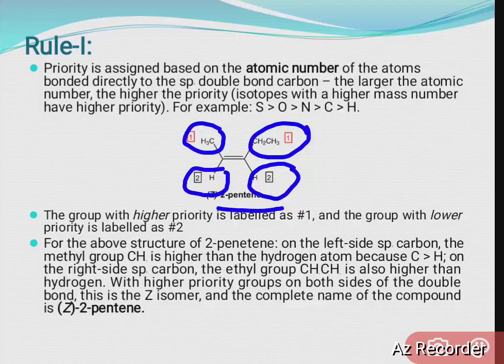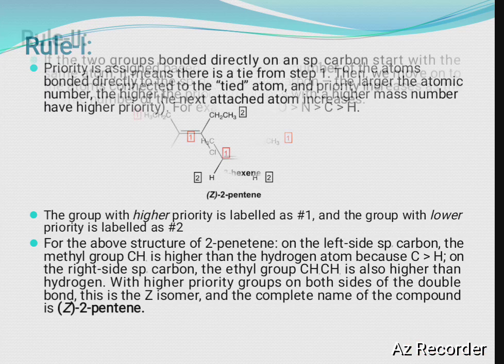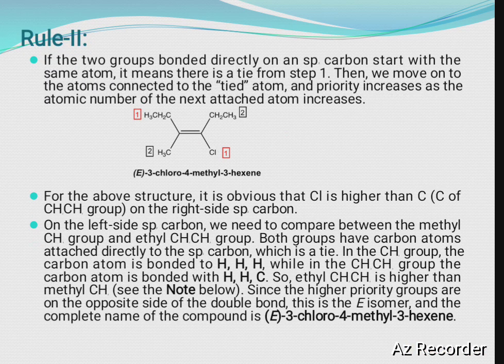What is the case here? Here the two highest priority groups are present on the same side. Hence this is the Z isomer. Hence it is Z-2-pentene.